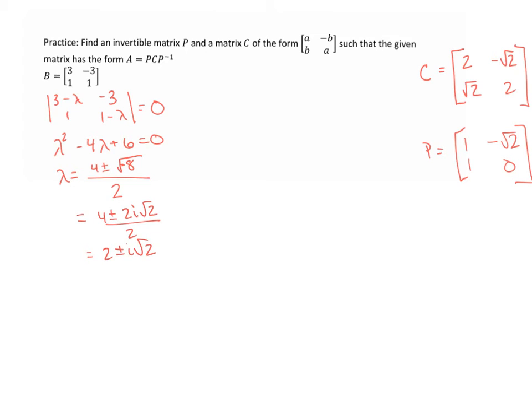So if I use lambda as 2 minus i√2, we can use that to build matrix C, which I will erase and show you.